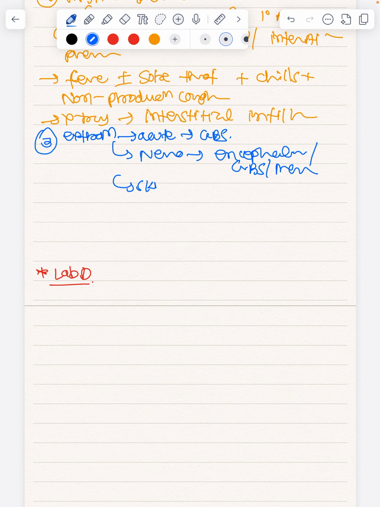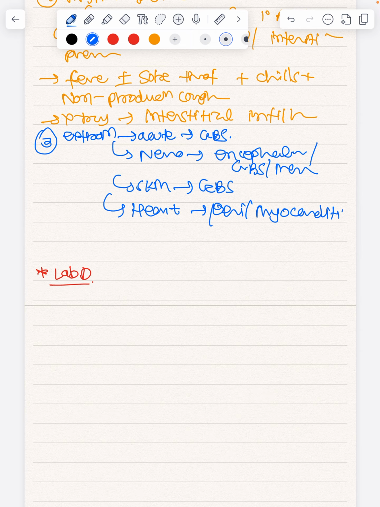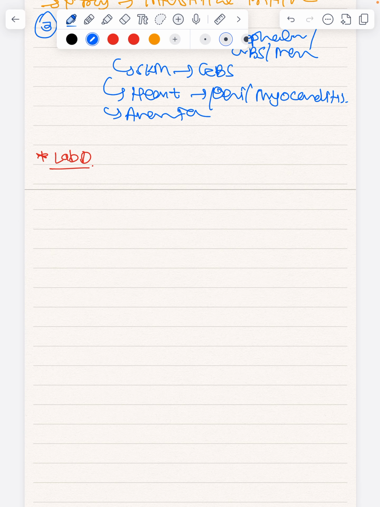In the skin we have rashes. Other features: if the heart is affected, then pericarditis or myocarditis will be present, and anemia, coagulopathy, etc. These are the rare features of the atypical.